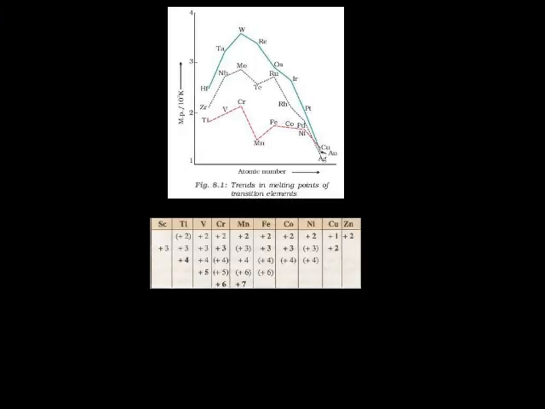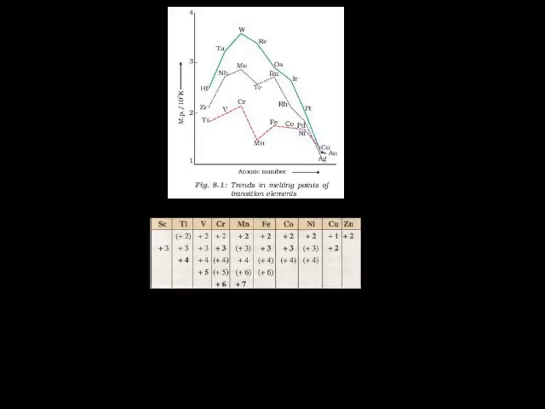The second property of transition metals to be taken up for discussion is variable oxidation states. Transition metals exhibit a large number of oxidation states. The oxidation states exhibited by the first row transition metals are given in the table on the screen.